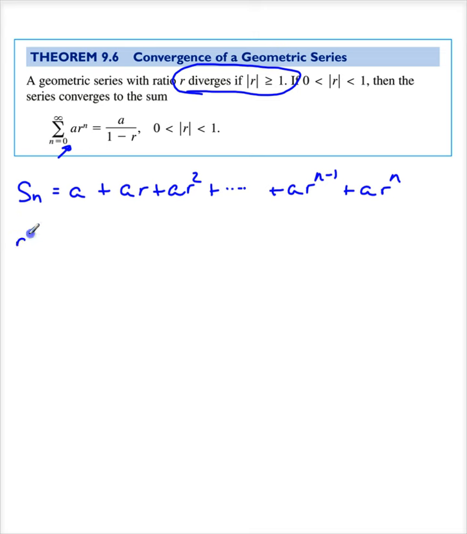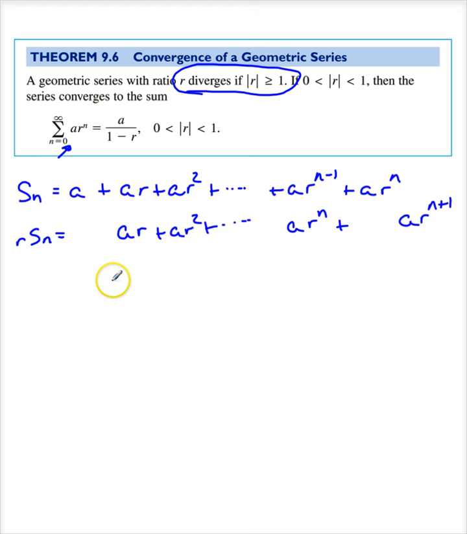So r Sn is, moving this over a little bit, ar plus ar squared plus dot dot dot. Now what will this last term be? This term will be ar to the n plus ar to the n plus 1.